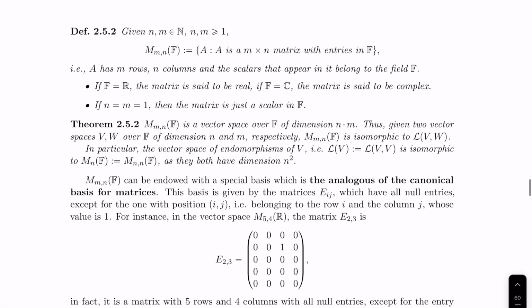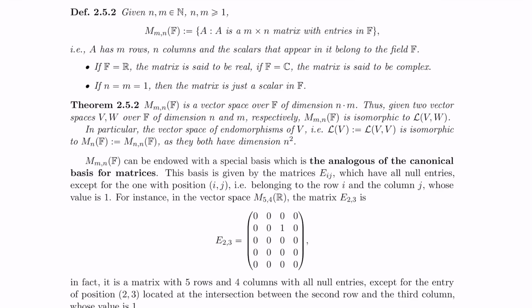Let's first fix the notation. The set of matrices with m rows, n columns, and entries in the field F is denoted like this. We say that the matrices belonging to this set are real if F is the set of real numbers, and we say that the matrices are complex if F is the set of complex numbers.